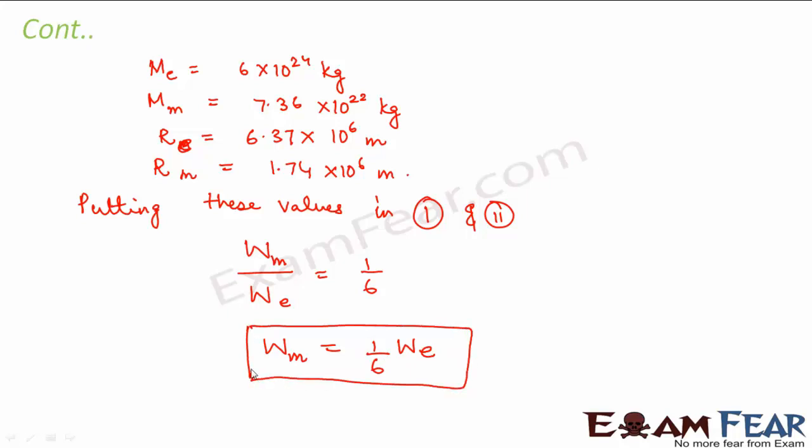So that means if you have an object whose weight on the earth is 10 Newton, when you take it to moon, the weight becomes 10 by 6. So this was another important thing to notice here, because the weight varies as you move from one place to another, because the acceleration due to gravity varies.